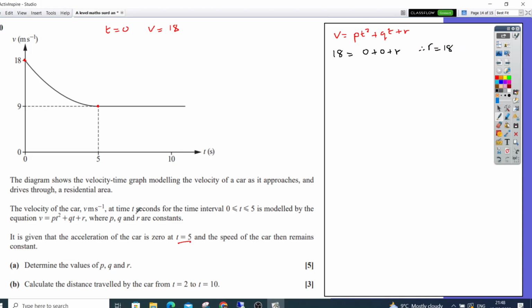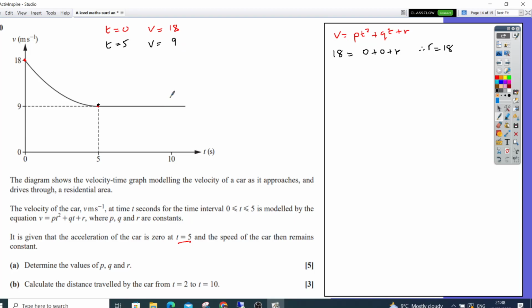So we got 1 out. The next thing we can do is, we know when t is equal to 5, the velocity is going to equal 9.